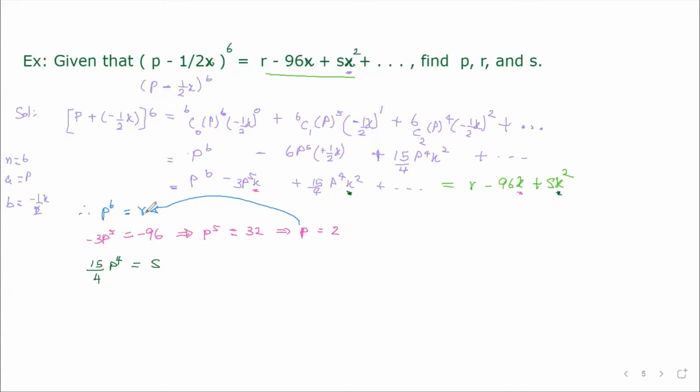When you get r, and also p, you replace here and you get s. So you get all the answers p, r and s. I let you finish to get the values of r and s. Just replace p, that's all. Okay, so we go to the next example.